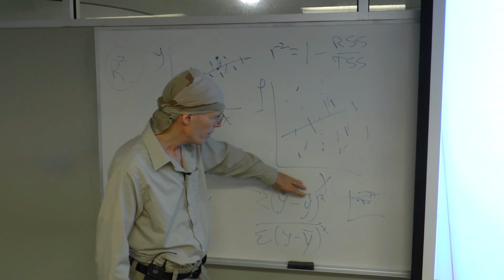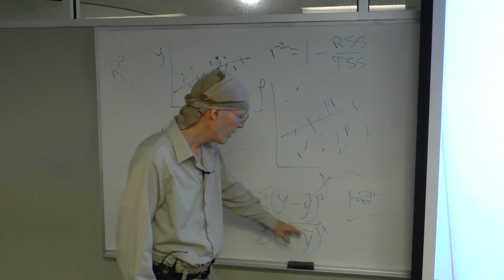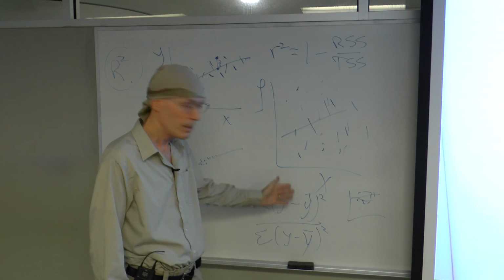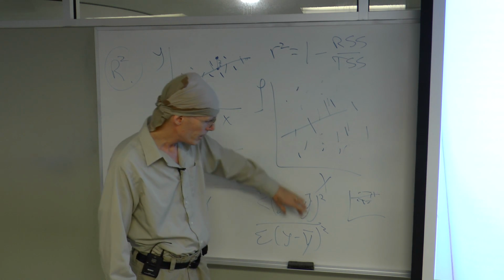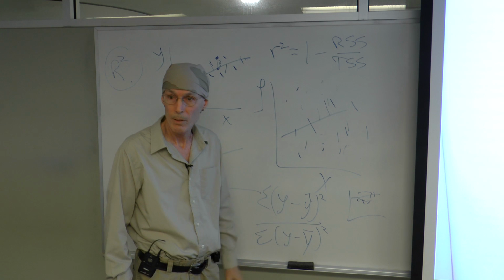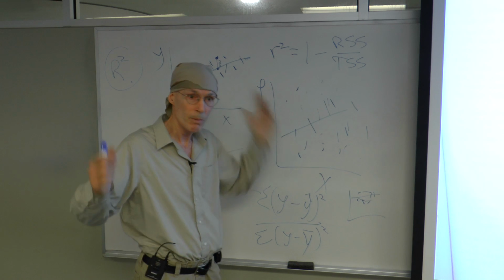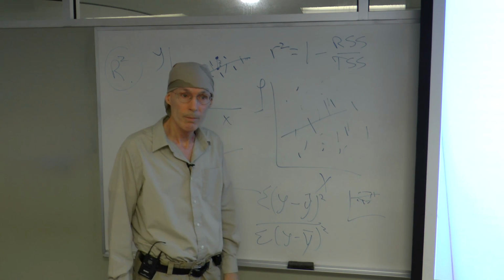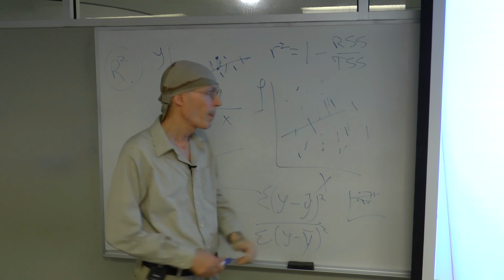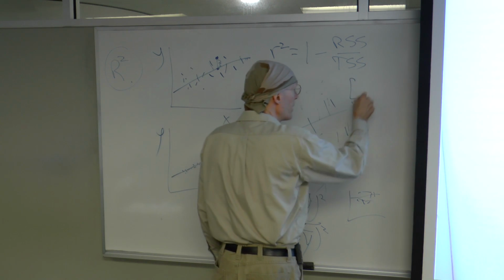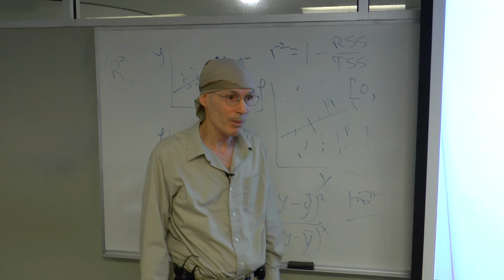So if y minus y hat is no different than y minus y bar, meaning the variation around y hat is going to be the same as the variation around y bar, what is this division going to be equal to? 1, right? What's 1 minus 1? 0. So the worst that the r square can get is 0. And that means there's no relationship between those variables.